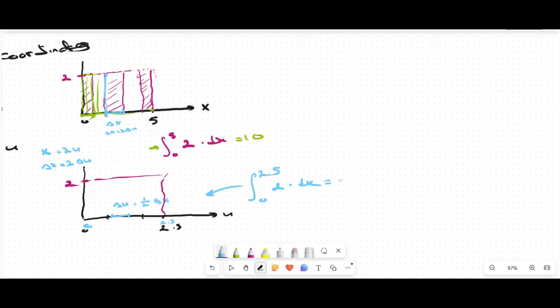In this case, I'm only going to get a 5, which is not the same as 10. That's fine. In the u coordinate system, we're only going from 0 to 2.5. In the x coordinate system, we're going from 0 to 5.